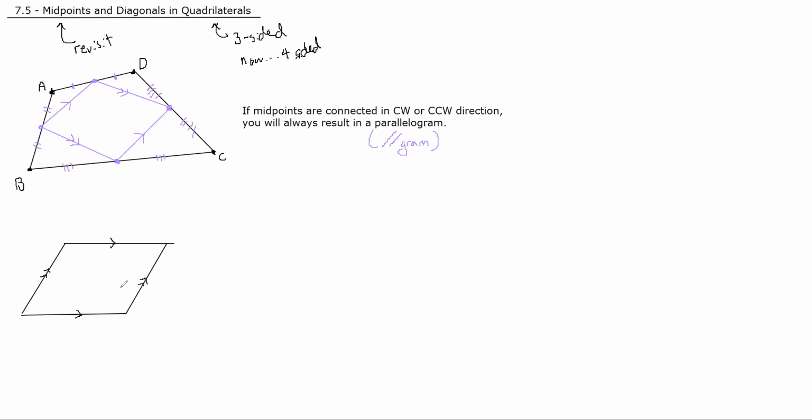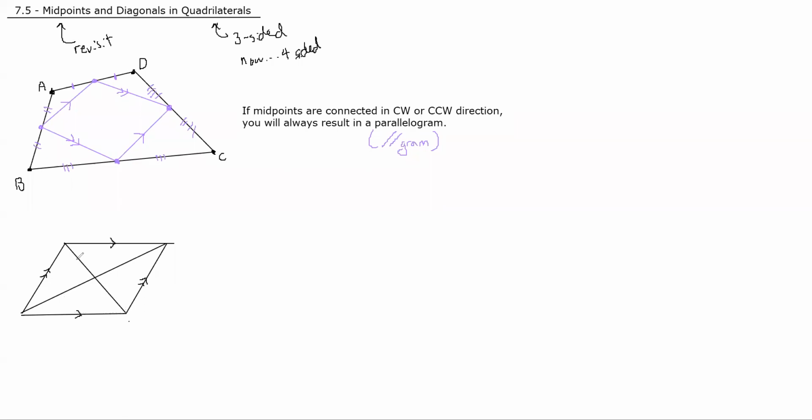Okay. If the quadrilateral is already a parallelogram, what we observe with the diagonals, lines that connect opposite vertices, is that the diagonals will intersect each other and effectively bisect each other perfectly in half.